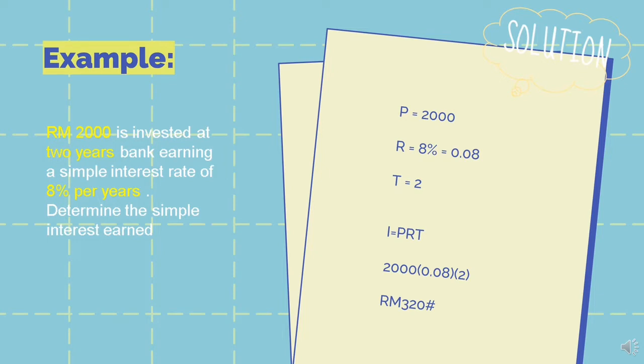So when we apply the formula I = PRT, we get RM2000 multiplied by 0.08 multiplied by 2, and the final answer is RM320.